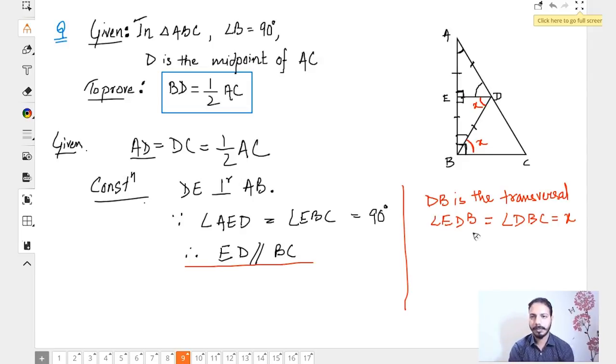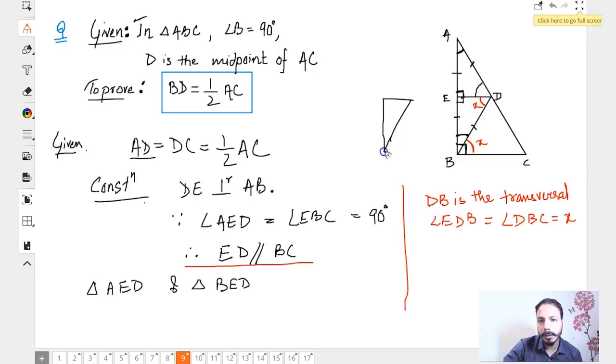Done? So here we can show that this angle is equal to this angle, or we can say that this side is common. In that way also you can do. See, it's very simple. In triangle AED and triangle BED, I'm just breaking these two triangles.